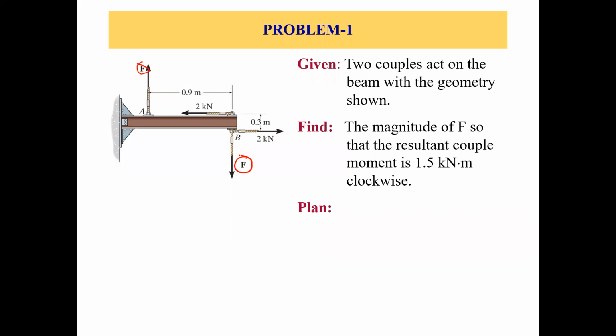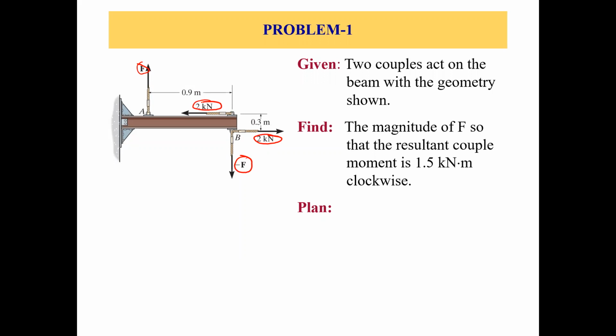Now, if you look at these 2 kilonewton forces, they are equal, opposite, parallel, and have 0.3 meters as the perpendicular distance between their lines of action. So that is couple number 2. We have these two couples.